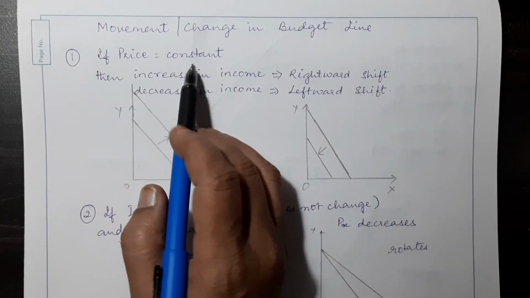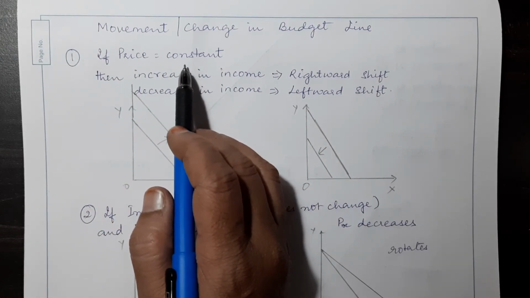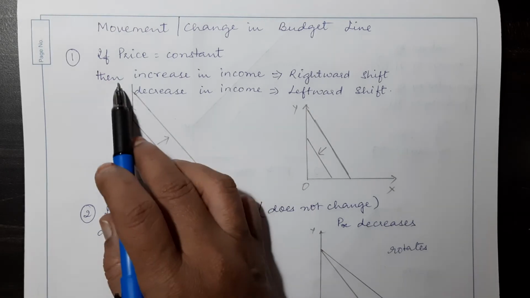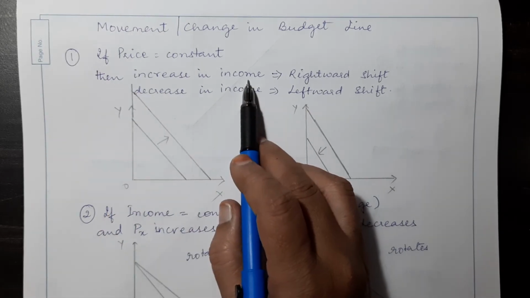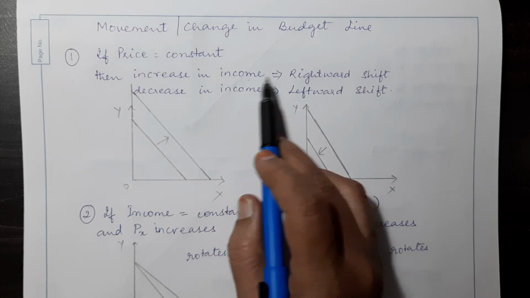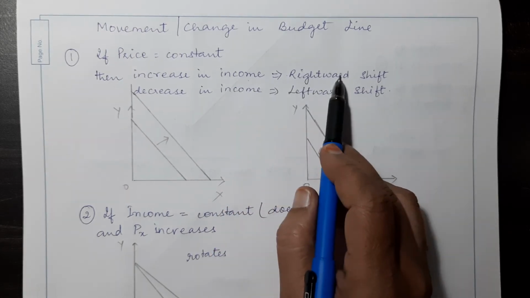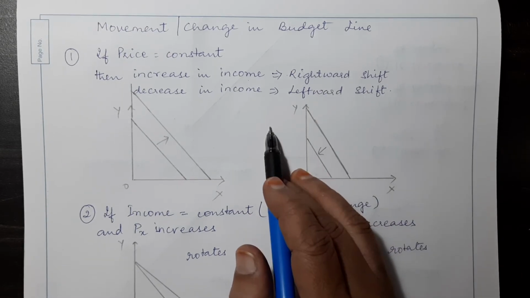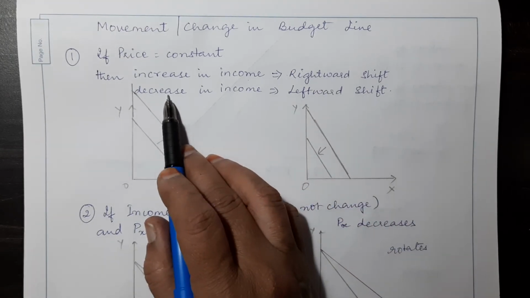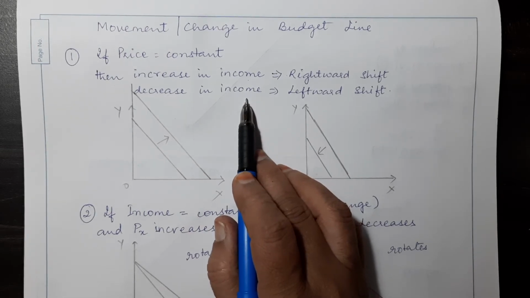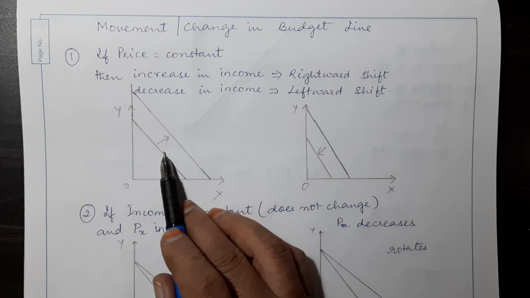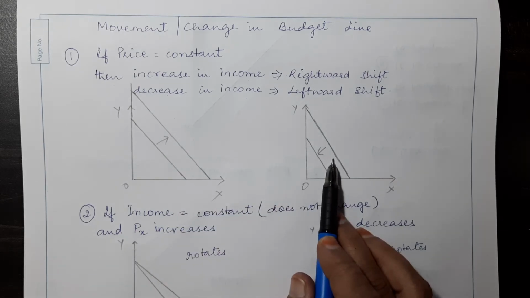If prices are kept constant, that is, the price of good x and good y do not change, then an increase in income would move the budget line to the right, or we see a rightward shift in the budget line. However, a decrease in income would shift the budget line towards the left. So that's what is represented over here.